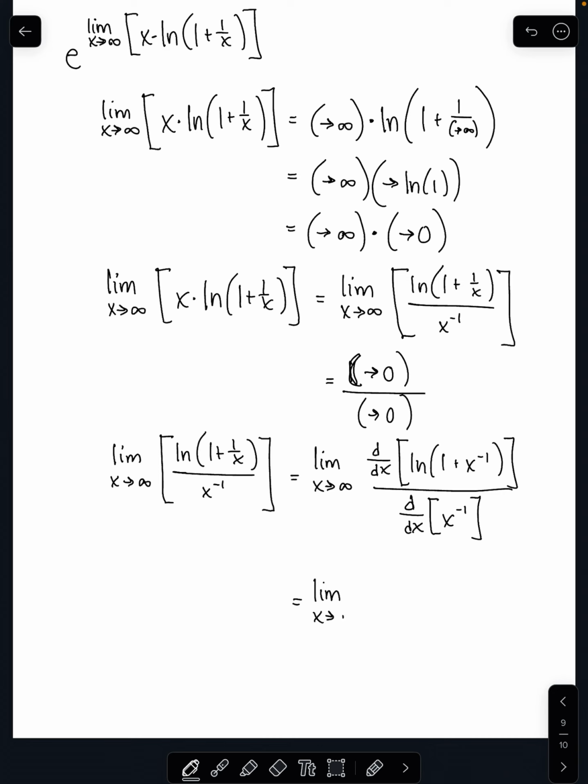In the numerator, then, the derivative of the natural logarithm is 1 over the expression inside of the natural logarithm times the derivative of the inside function.